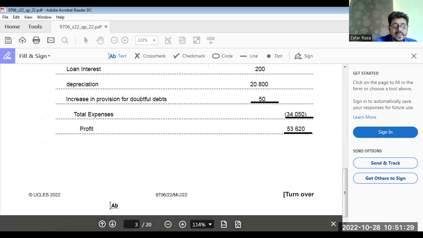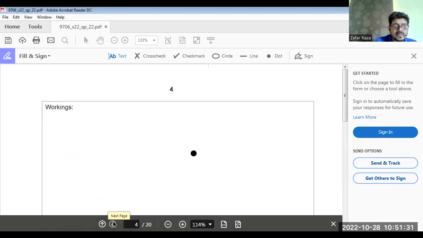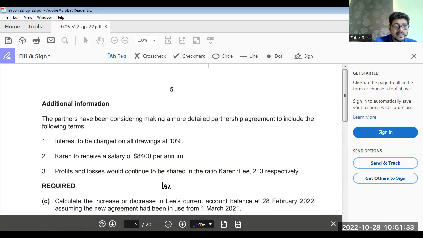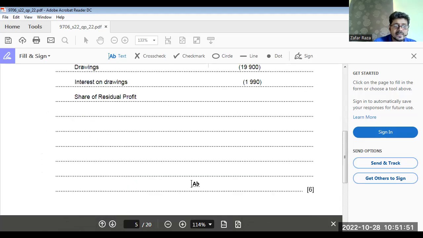Then we have to deduct salary, minus 8,400. So the residual profit is now 48,960, and he will get 3 by 5 of it, 29,376, as a share of residual profit.